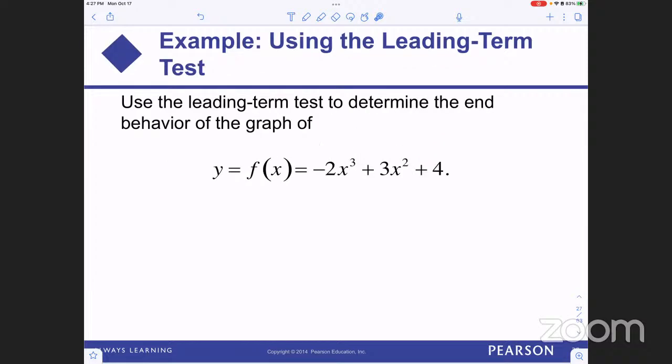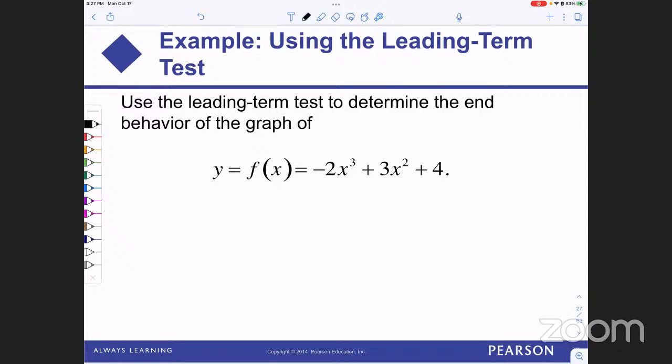So then use the leading term test to determine the end behavior of this graph. For the leading term test, we need two pieces of information: the sign of the leading coefficient and the degree of the polynomial. Can someone tell me the sign of the leading coefficient?